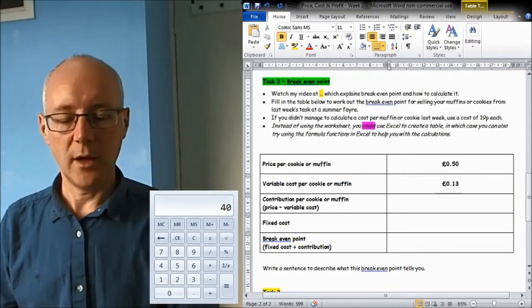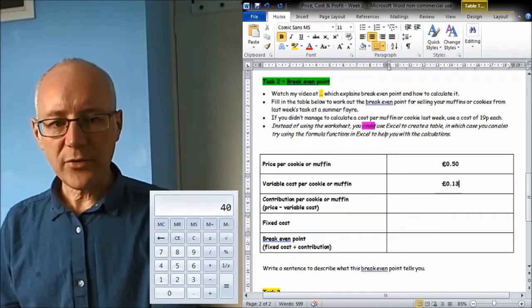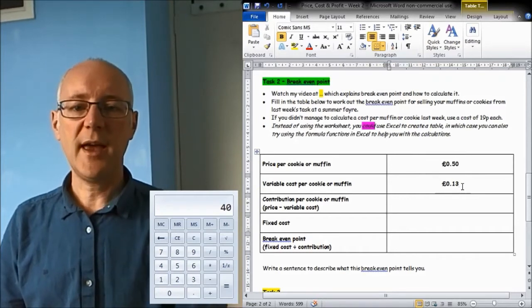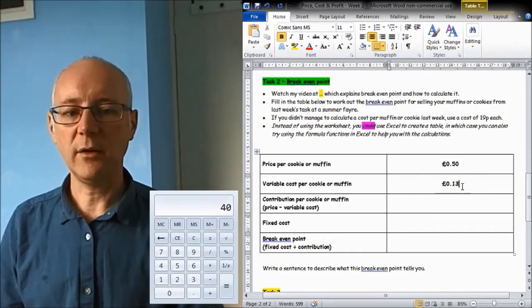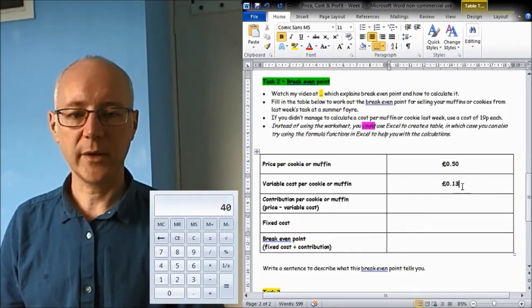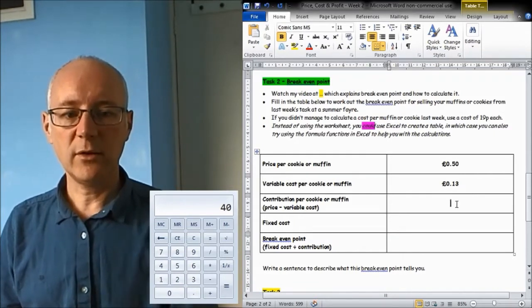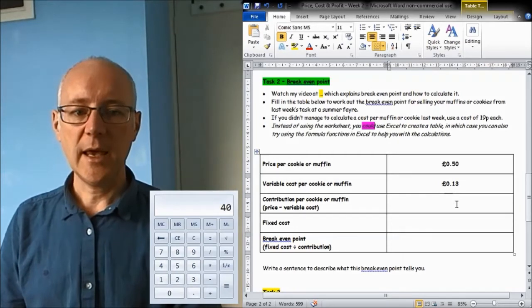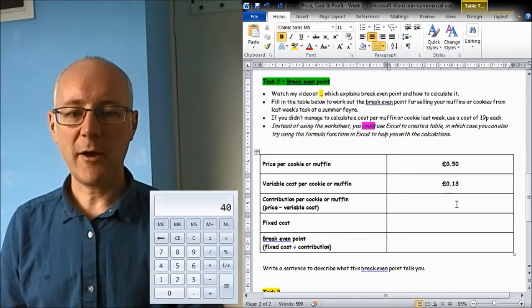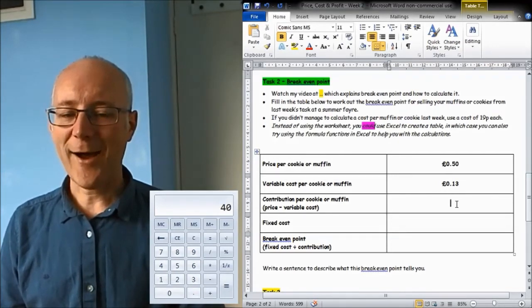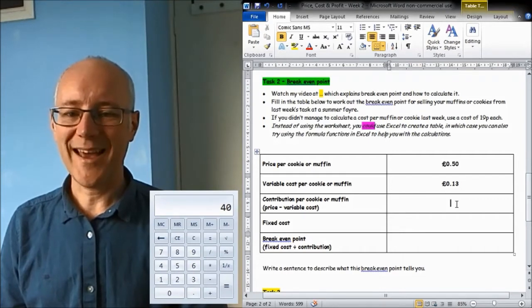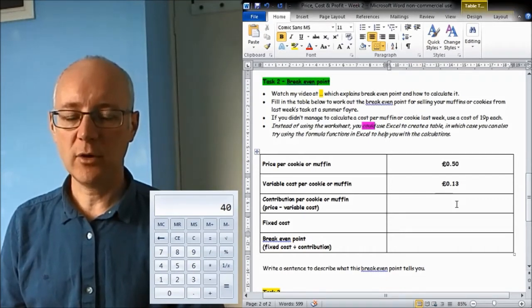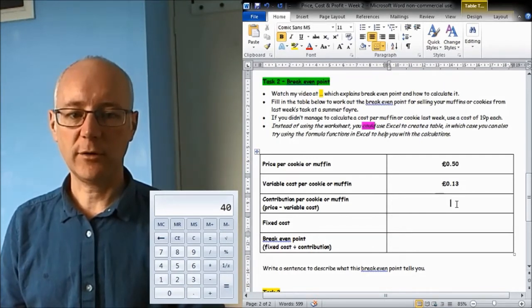£0.13. Okay, so this time, rather than saying, okay, this is how many cookies I'm going to try to make and sell, we're going to work out what we call the contribution per cookie. In other words, forgetting about my fixed costs for the moment, how much money would I get from each cookie after I've sold it and taken off the costs?